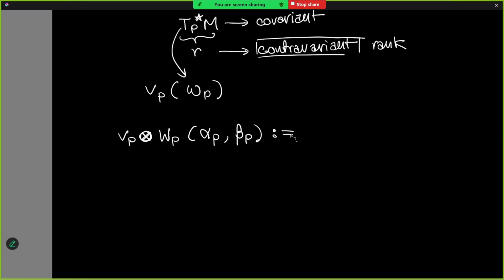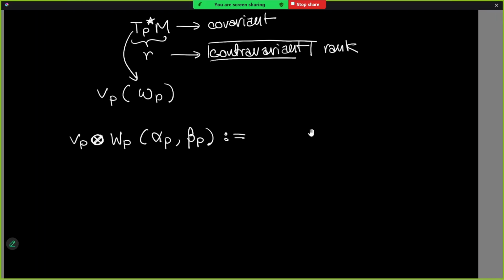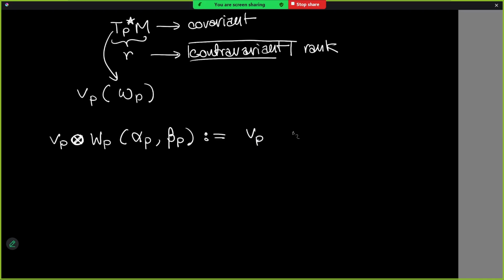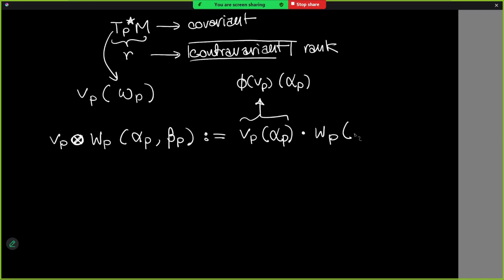And how do we define how it eats these two covectors? We already defined the vectors as being maps on covectors, right? So we can do this, because this is actually secretly just phi of VP of alpha P, multiplied by WP of beta P, right?